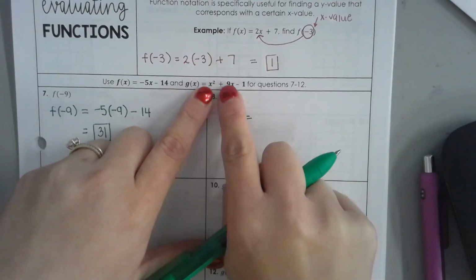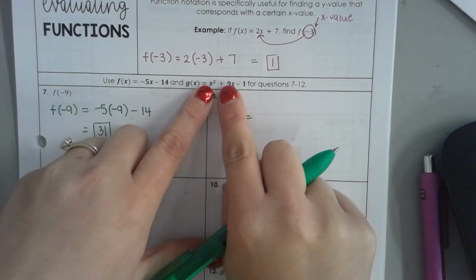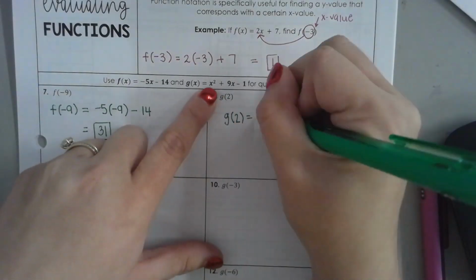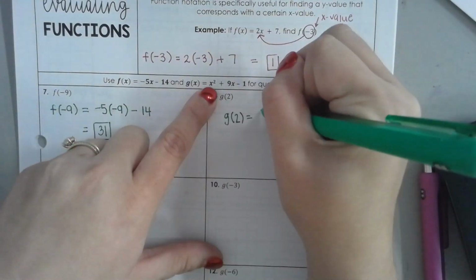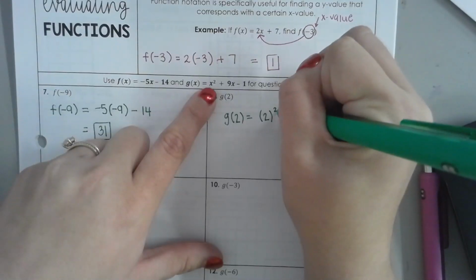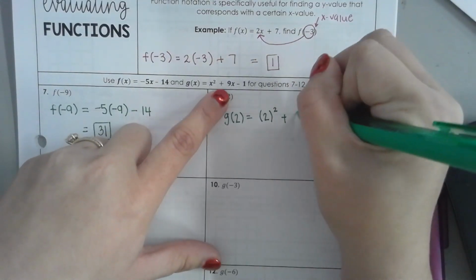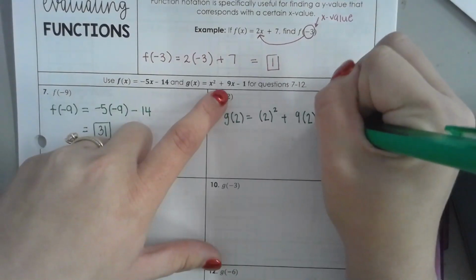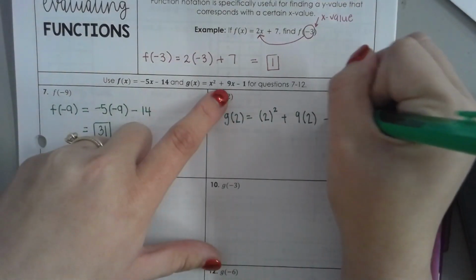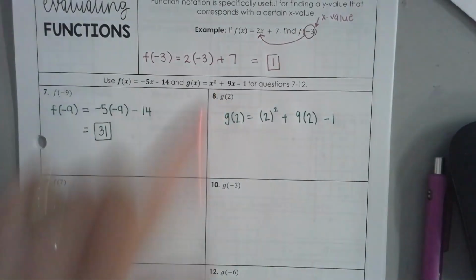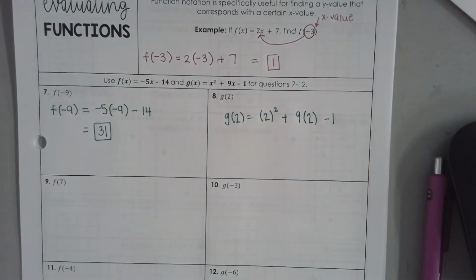You're going to put the 2 in both of those spots. So I've got a 2 going there, and it's squared plus 9 times 2 minus 1. So I put my x value of 2 in all of the x's.